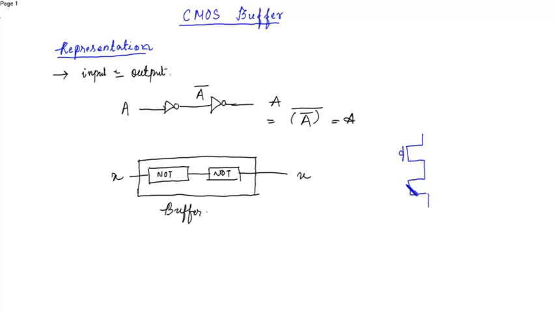This is my PMOS, this is my NMOS. This is my gate terminal. This is my input, let's say A. This is my VDD, ground, output A bar.